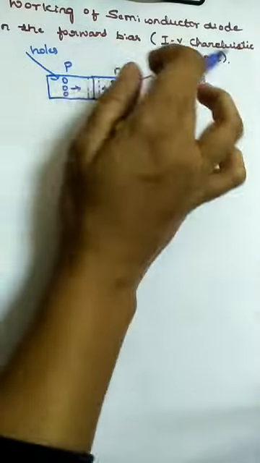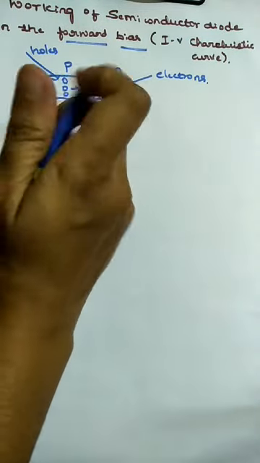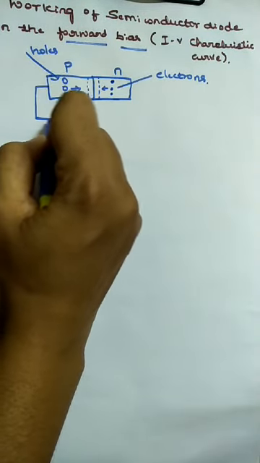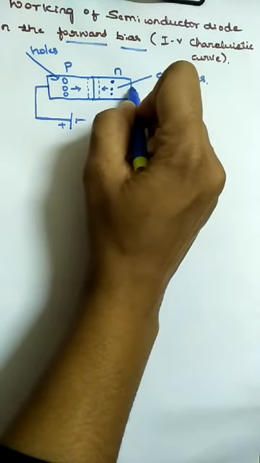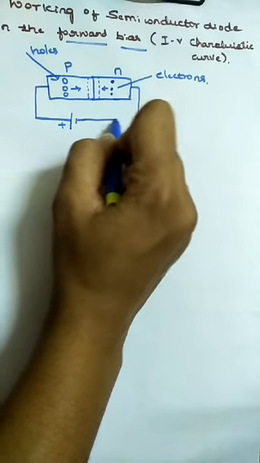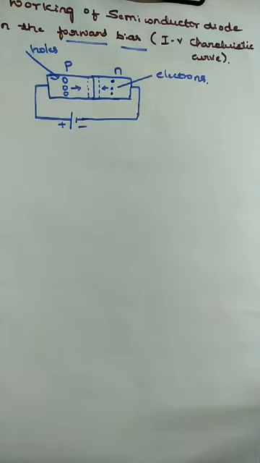Now forward bias means the P side is connected to the positive terminal of the battery and the N side is connected to the negative terminal of the battery.